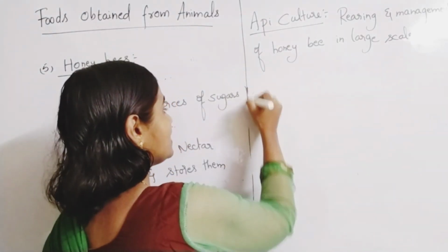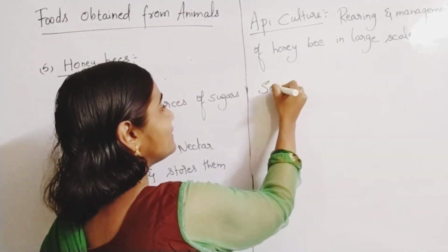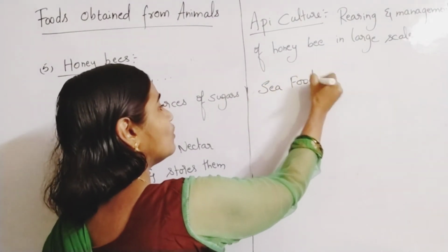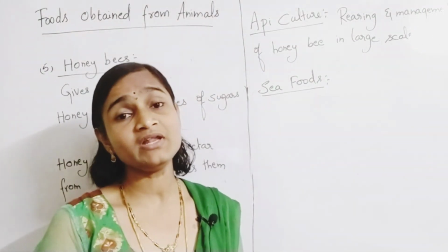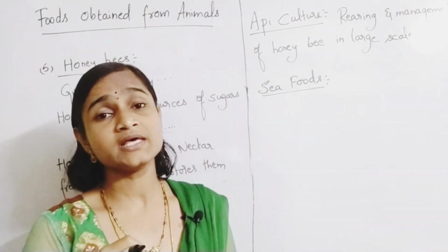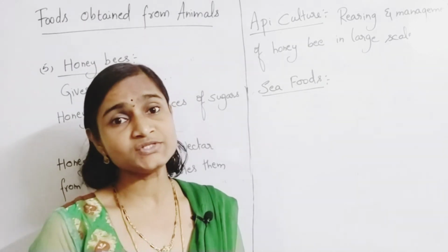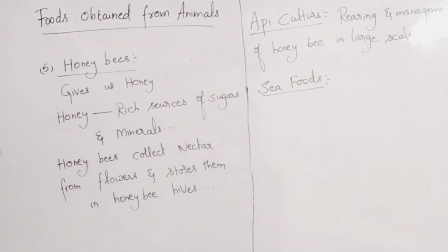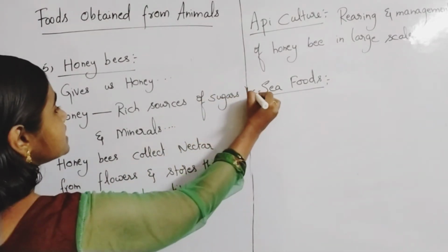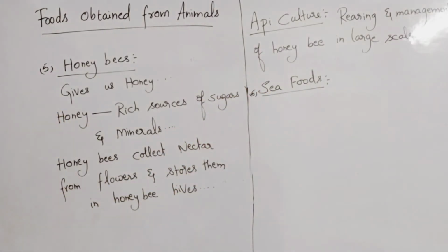They play a very important role, both as a food source and for medicinal purposes. This is the sixth one. Seafoods are very important types of food materials.